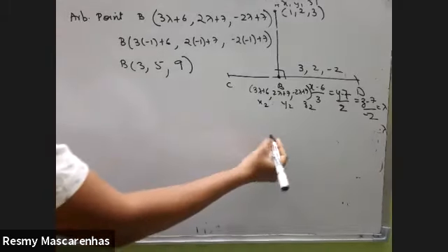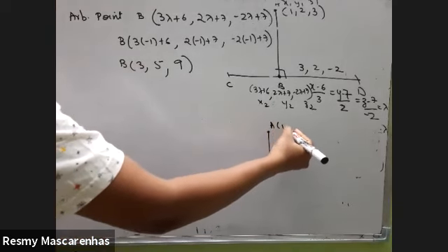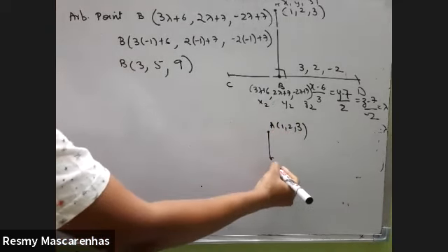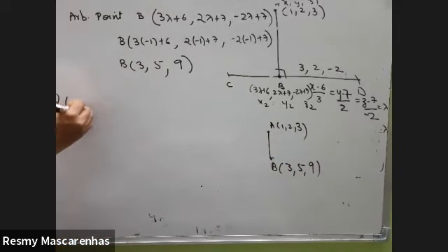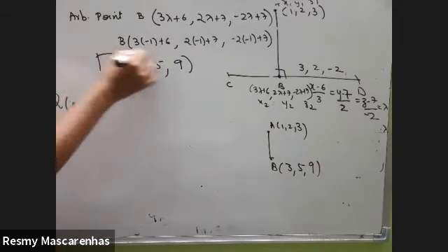So length, you know, simple. A is 1, 2, 3. B is 3, 5, 9. So this is my one answer.